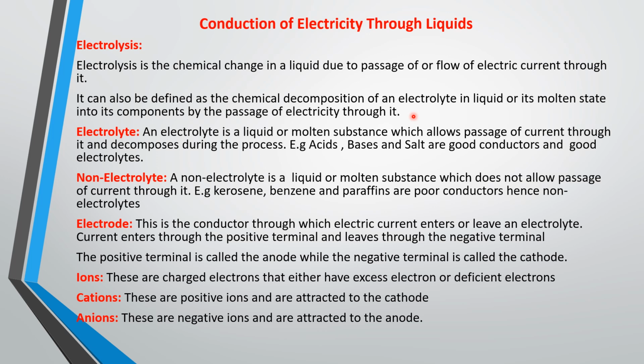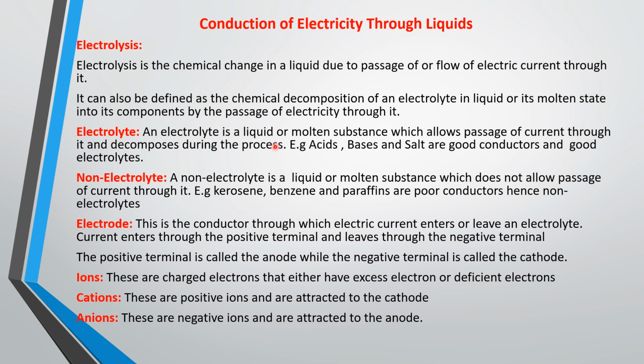Now, when you are talking about electrolysis, there are what we call electrolytes and non-electrolytes. An electrolyte is a liquid or molten substance. A molten liquid is a liquid that is a little bit slimy, not too watery, but a little bit sticky.